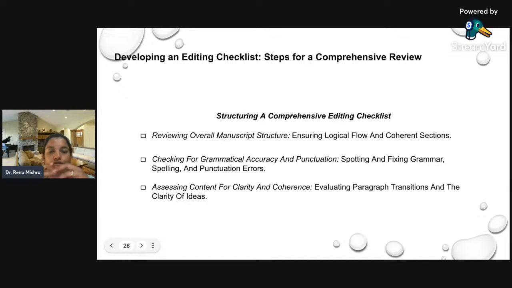For that, you should have a proper review of the overall manuscript structure, grammatical accuracy should be checked, clarity and coherence of the paragraphs should be checked, clarity of ideas should be there. That's what we spoke about when we started: grammar, punctuation, accuracy, cohesion. These things are what we aim for.